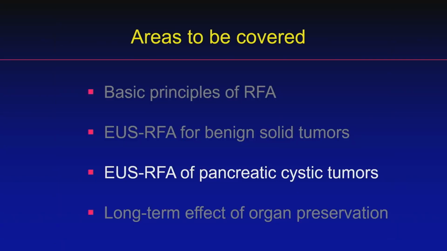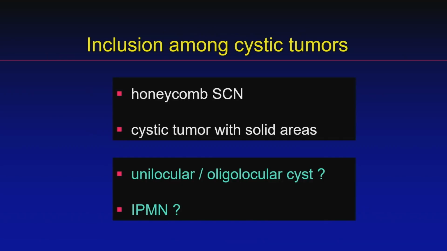Let me move on to EUS RFA of pancreatic cystic tumors. Indication first. At the current moment, we cannot say a definitive indication because there are not many studies and published data specifically focused on cystic tumor ablation.